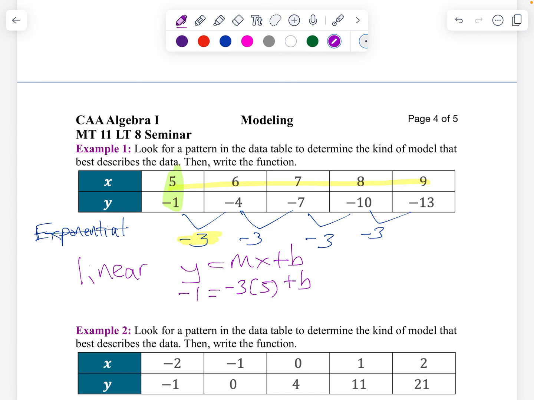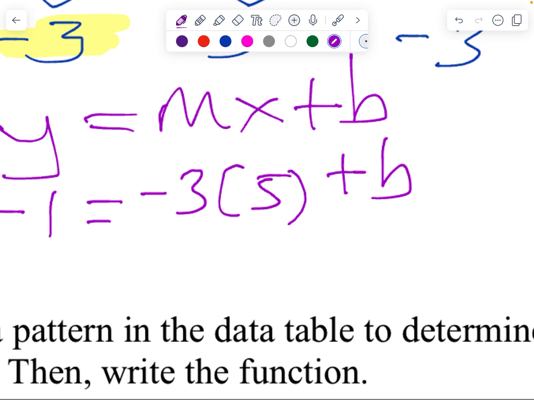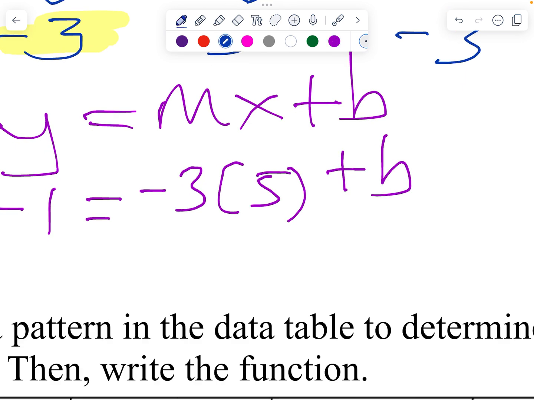Now let's solve this. So -1 equals -15 plus b. Well, we'll add 15 to both sides, and b is 14.